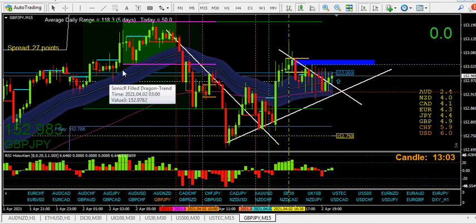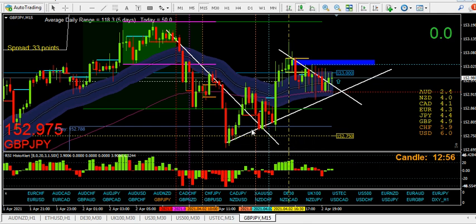Although you may laugh, because this band is a set of moving averages, isn't it? But having said that, it's a very, very good visual aid, because all you need to do, and I'll show you, is take a short here as well, should it all turn around on you. And that's why I've put this ascending trend line here now.